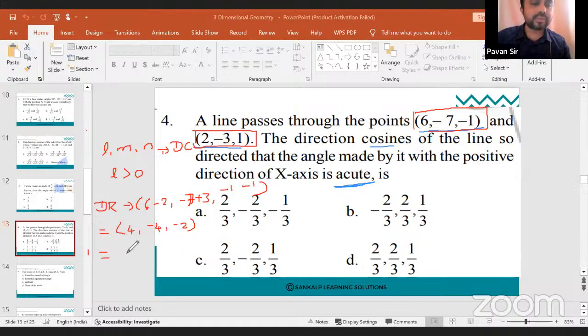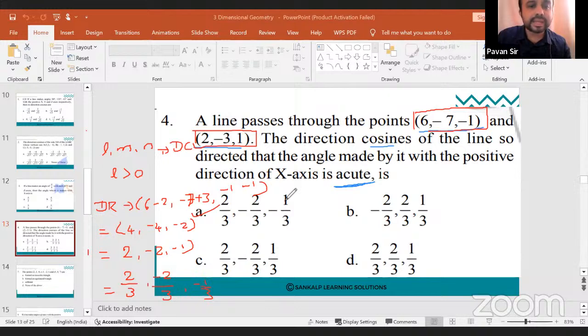Simplify this by dividing throughout by 2: we get 2, -2, -1. So the direction cosines are given by 2/3, -2/3, -1/3. These are the direction cosines, where I am getting option A: 2/3, -2/3, -1/3.